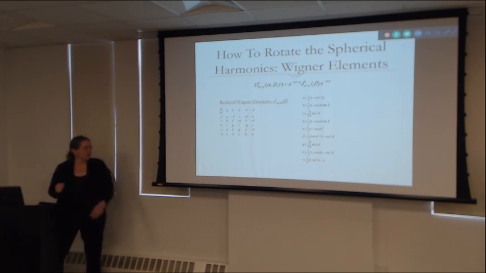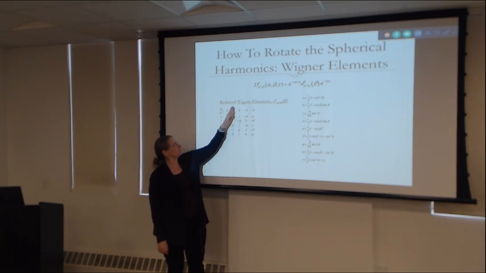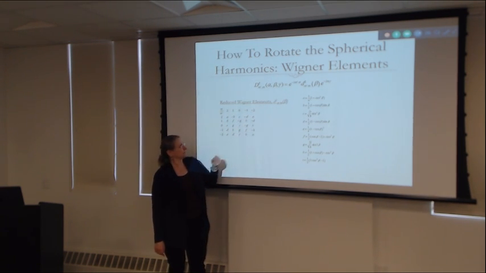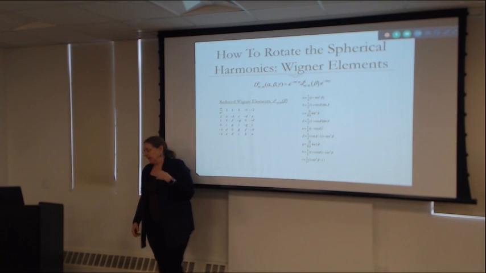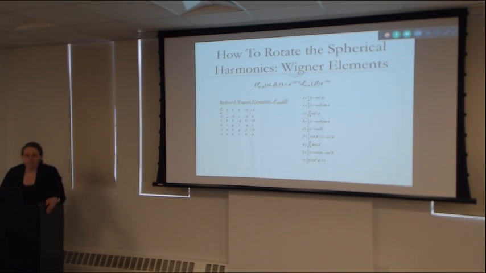So that tells you how much of all of these other terms can be made if you start with this term and you rotate. So when you do a rotation with the spherical harmonics, two of those three angles can be done by inspection, either the e to the i m alpha, or the e to the i m prime gamma, and the third can be done by lookup table and just plugging in.